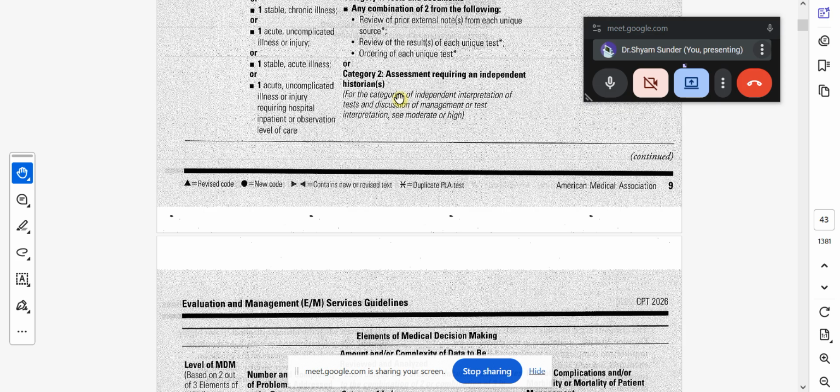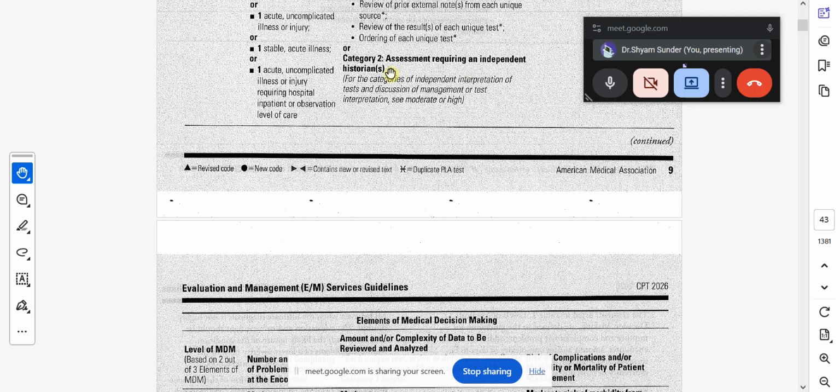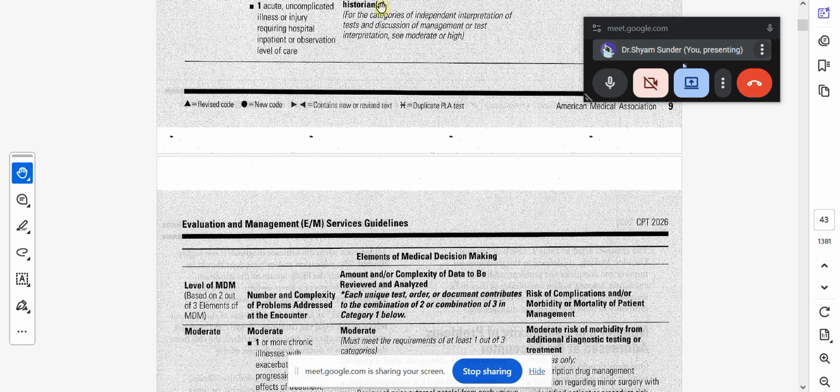So what do you do then? There must be an interpreter, right? Independent historian. So the physician has to spend time to deal with the independent historian. Now the patient's information coming from whom? Coming from the independent historian. So that is the category 2.